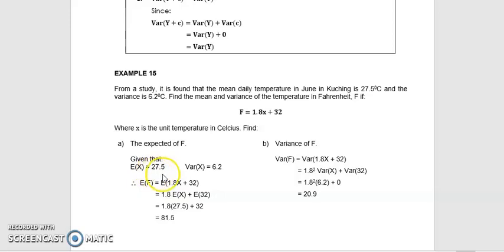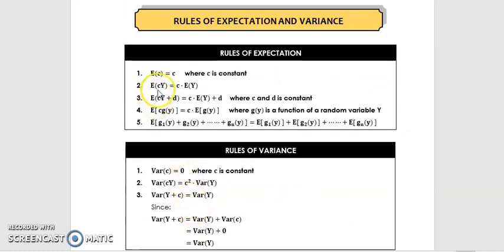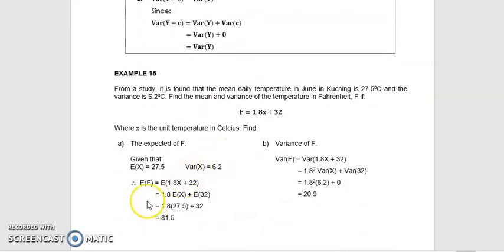We know that expected of x is 27.5, so substitute the value: 1.8 multiplied by 27.5 plus expected of 32, which is equivalent to 32. This is the first rule of expectation: expected of a constant is the constant itself. So the expected of F is 81.5.